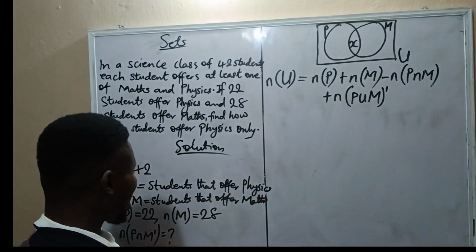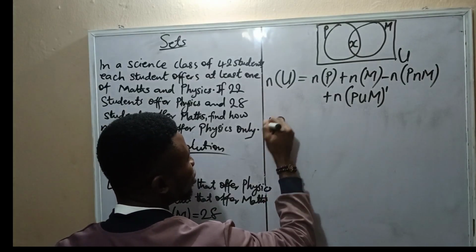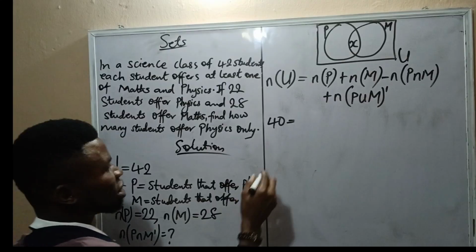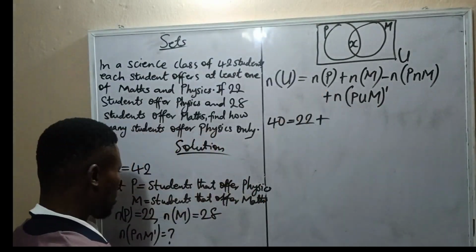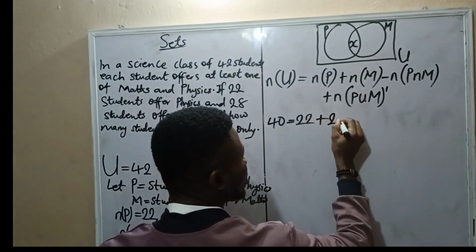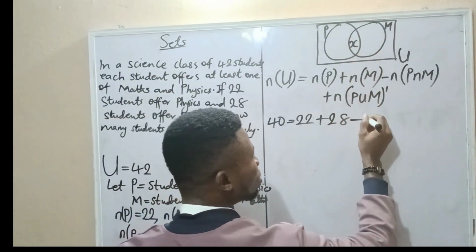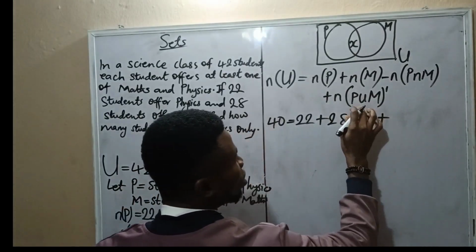And then from the data, we have the number of the universal set to be what? 40. Now equal to number of P, students that offer physics, which is 22, plus number that offer mathematics, 28. Then minus the number that offer both, which is x, plus the number that do not offer any.